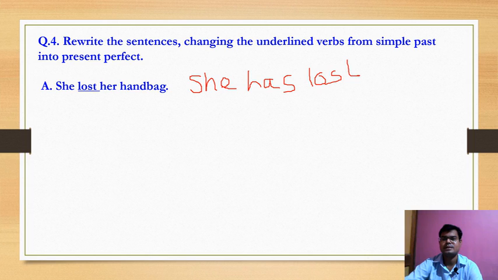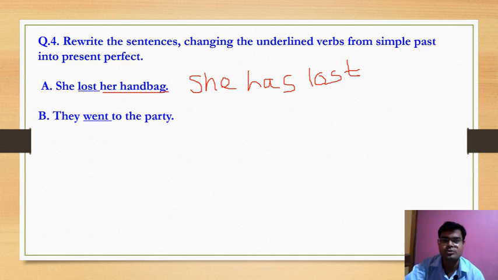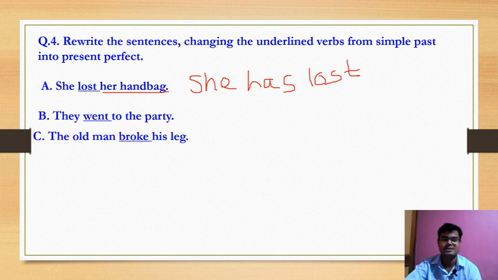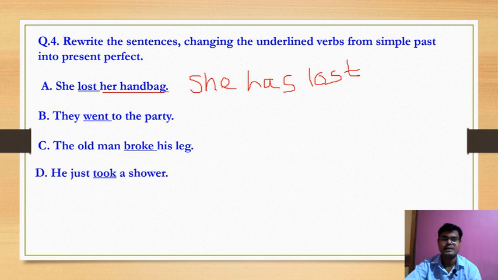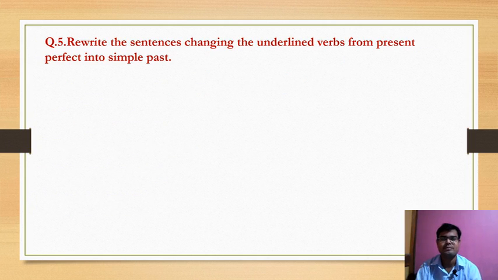The third form is the same, hence we'll write this, and the remaining sentence is her handbag. So like that you have to write present perfect. Here also, instead of went, you have to use present perfect and make it a present perfect sentence.